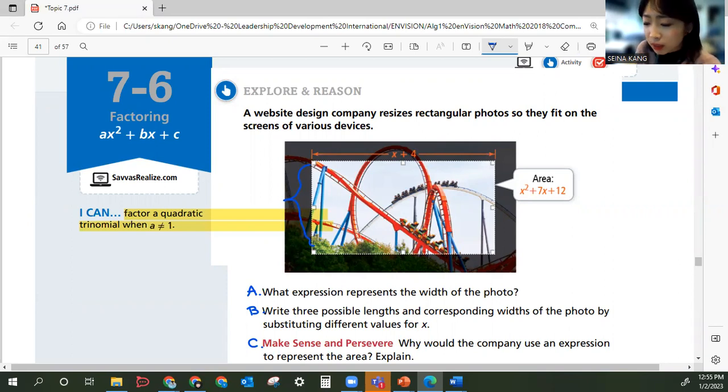So in our previous lesson, 7-5, we learned how to factor a trinomial when you have 1x².